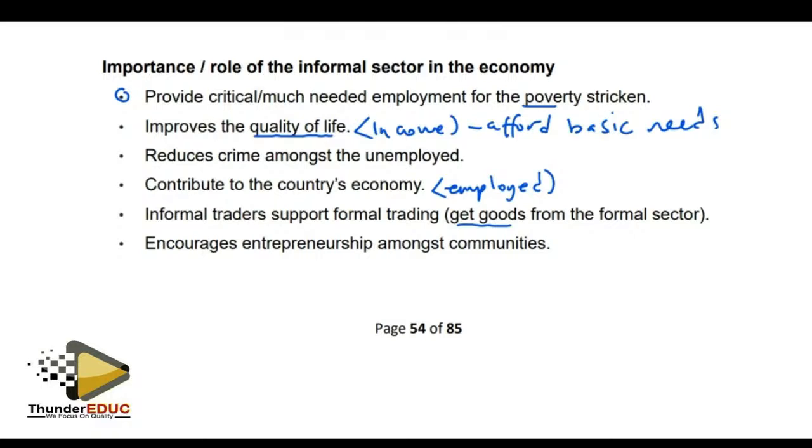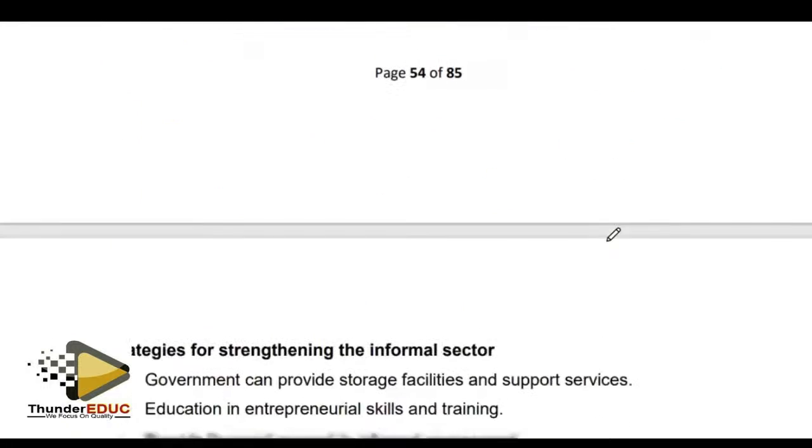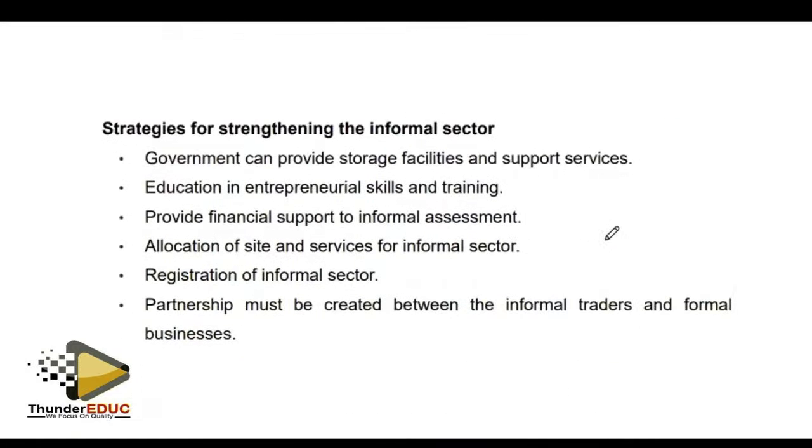So somehow they are supporting the formal businesses with more trading. It also encourages entrepreneurship amongst communities, as people are able to start their own businesses. So those are some of the importance of the informal sector.